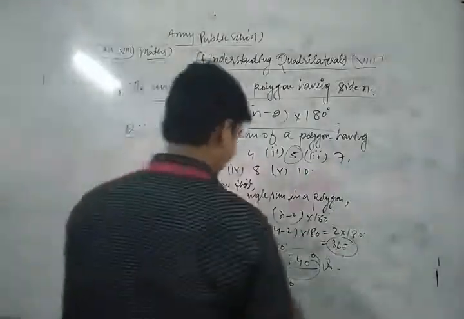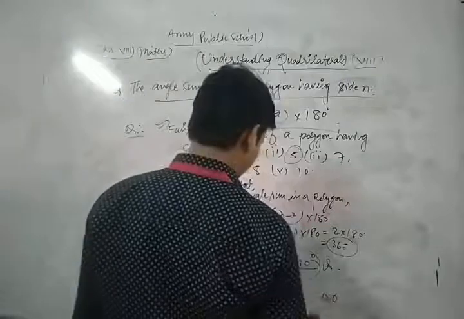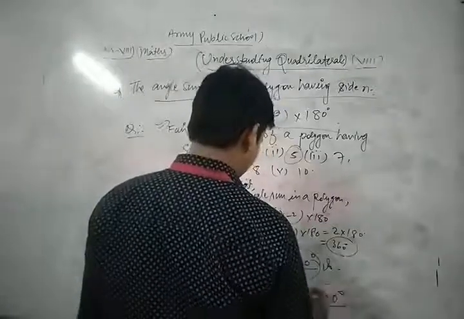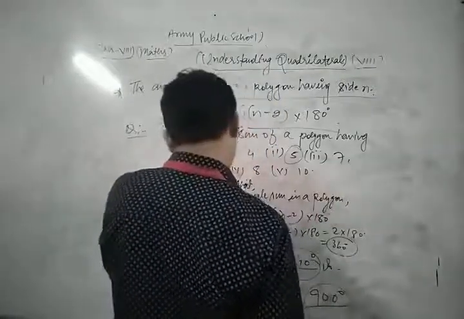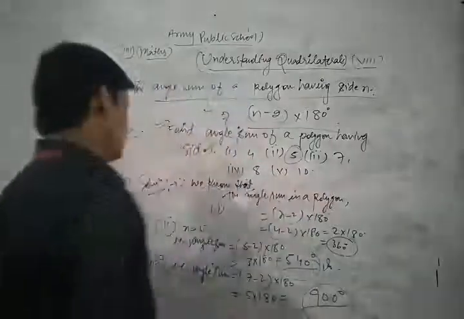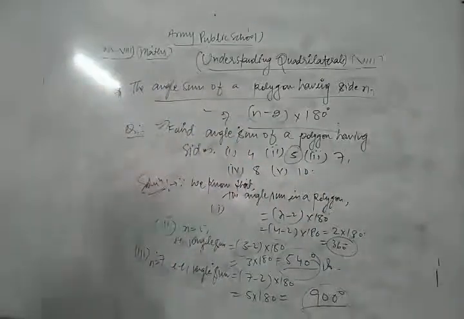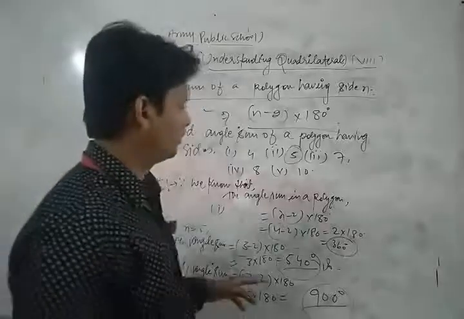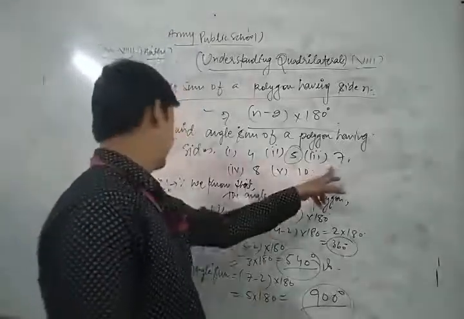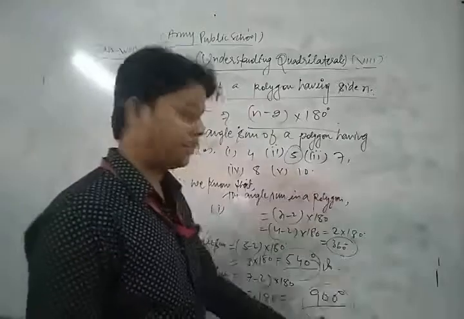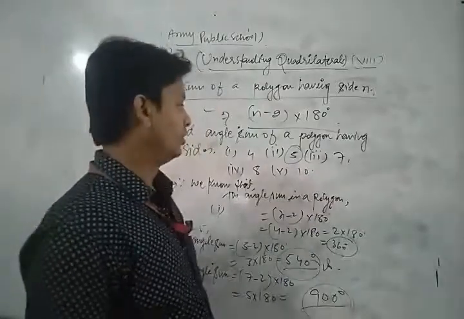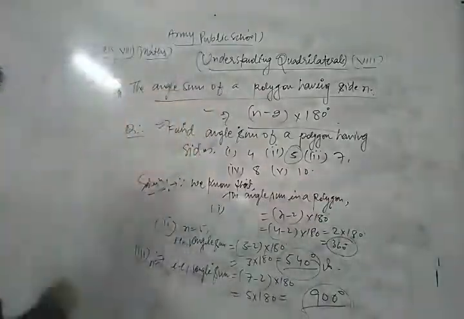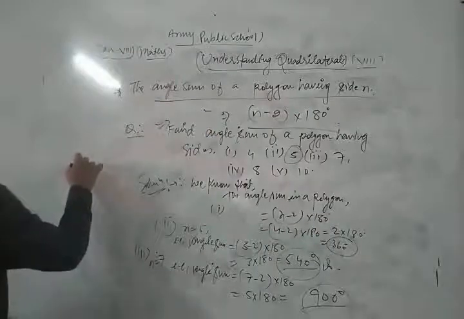So we get 900. The angle sum of a polygon having 7 sides is 900 degrees.